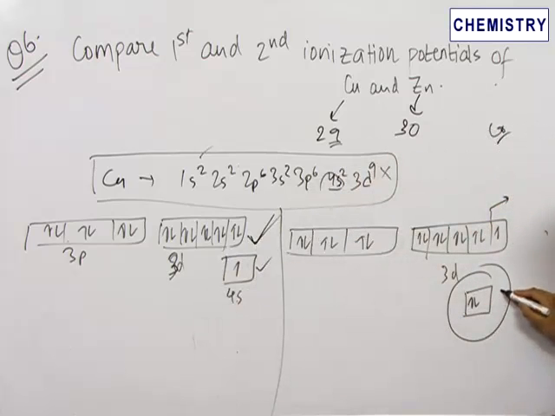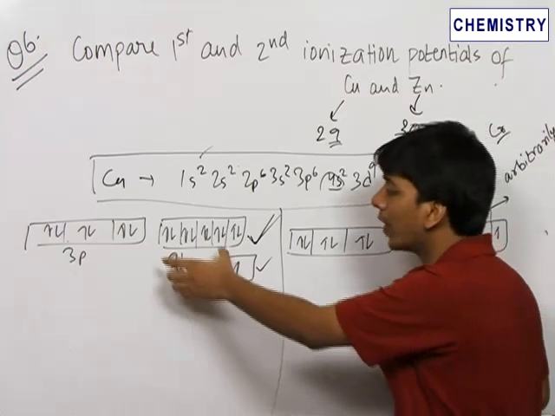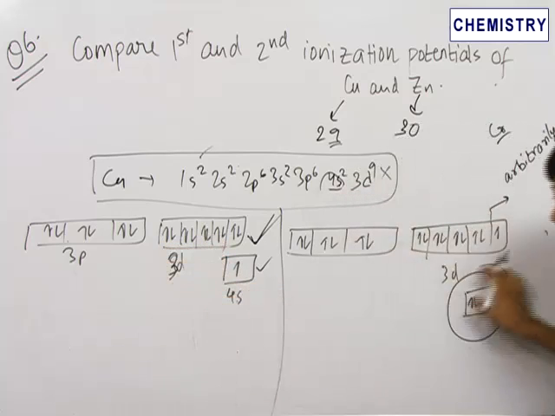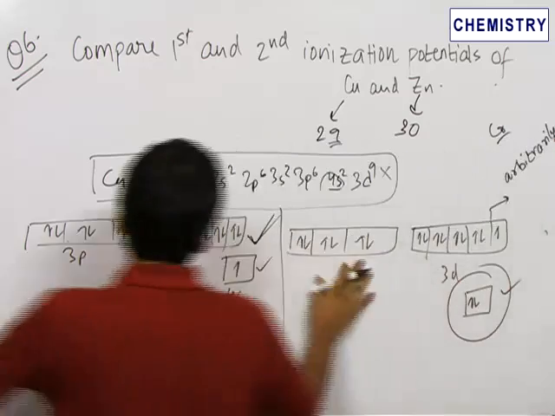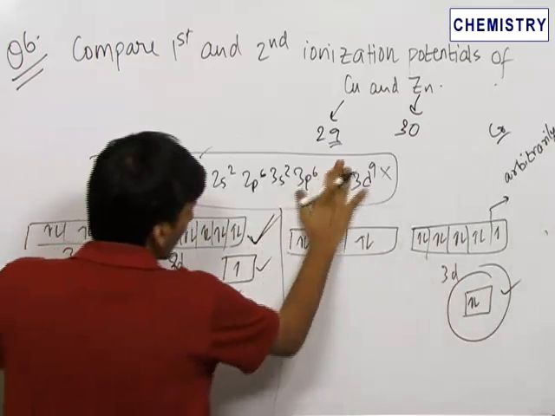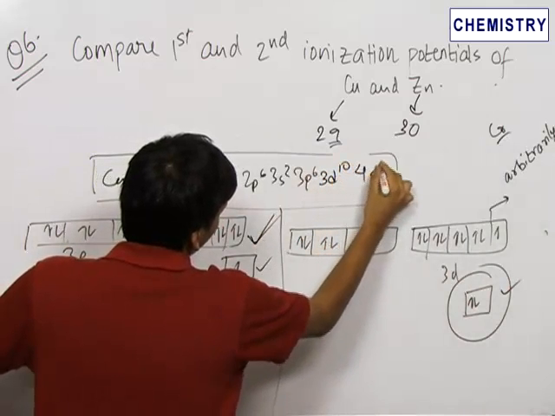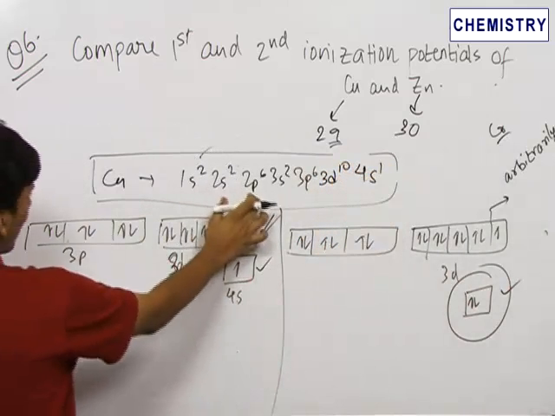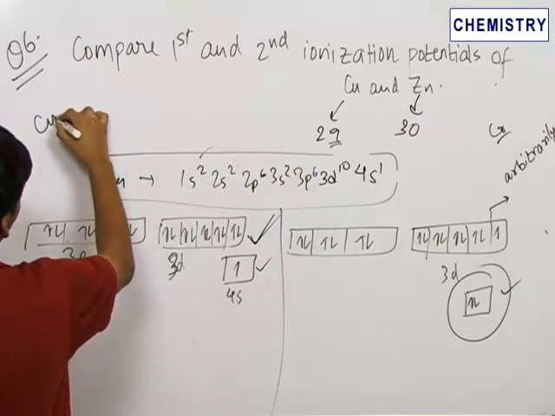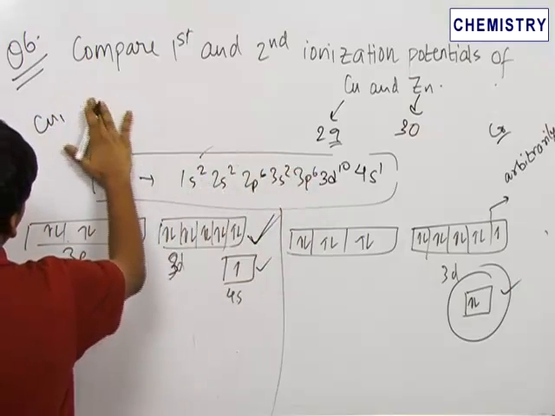Over here we have one fully filled s orbital and one arbitrarily filled d orbital. Therefore always remember that one fully filled and one half filled is always better than this case. Therefore we write the electronic configuration of copper as 3d10 4s1. So always remember this change happens in the case of copper and chromium.